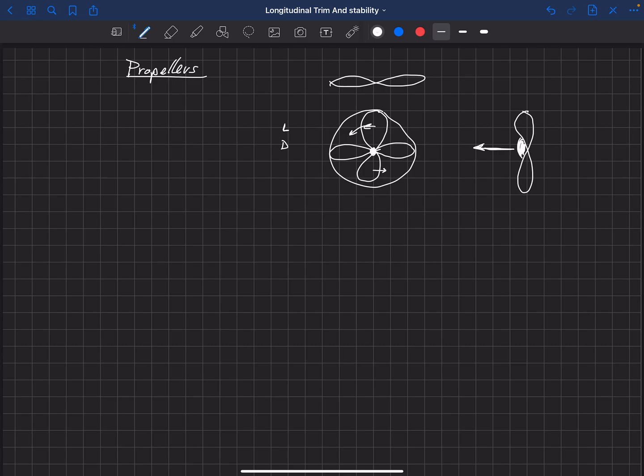So let's look at drag first. Drag is this in-plane force, and as it rotates around, it's moving in a counterclockwise direction here, and so drag is going to act opposite to that direction.